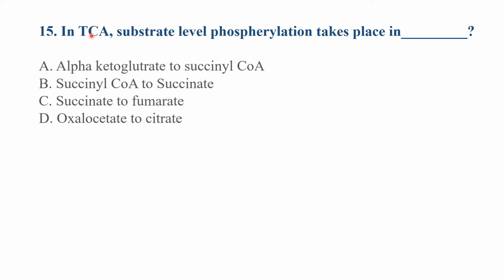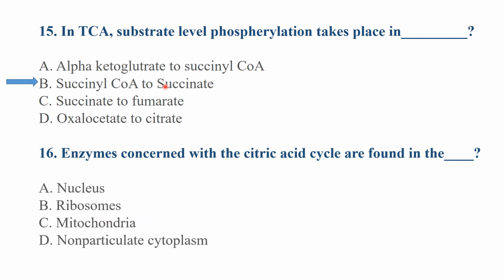In the TCA tricarboxylic acid cycle, substrate level phosphorylation takes place in succinyl coenzyme A to succinate. Enzymes concerned with the citric acid cycle are found in nucleus, ribosomes, mitochondria, or non-particulate cytosol.